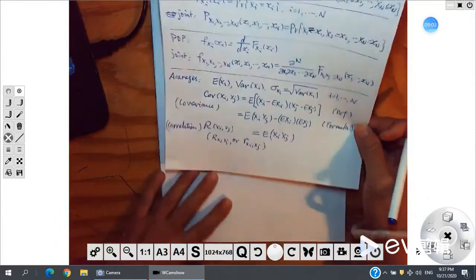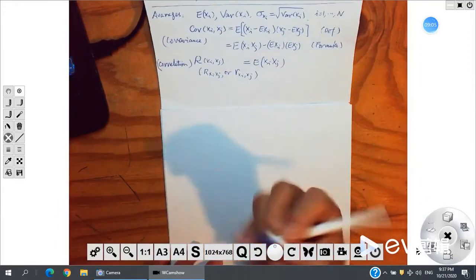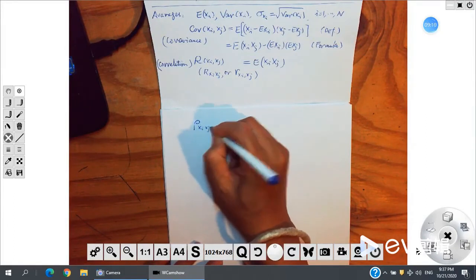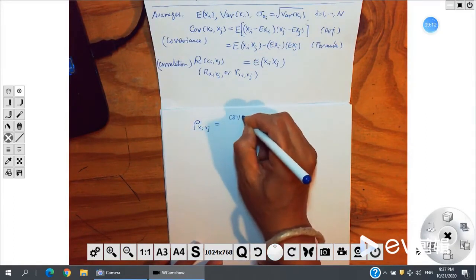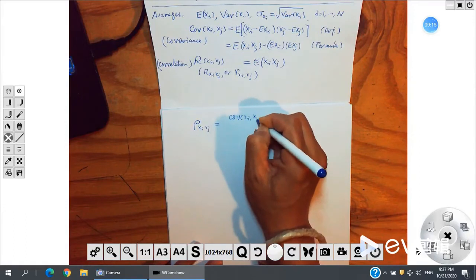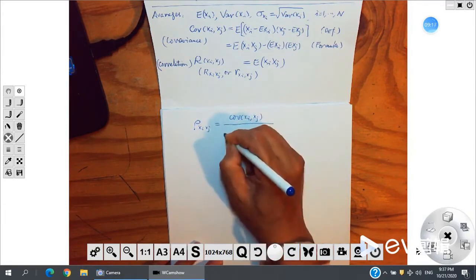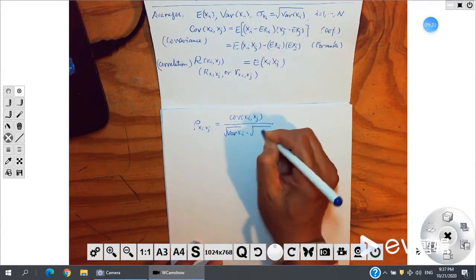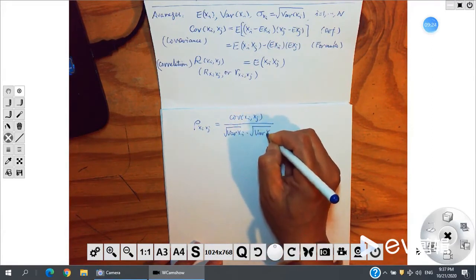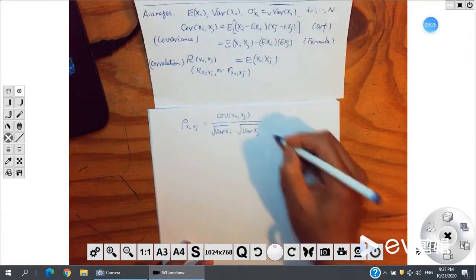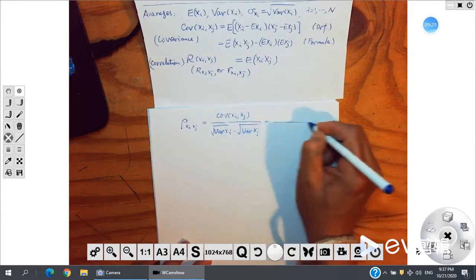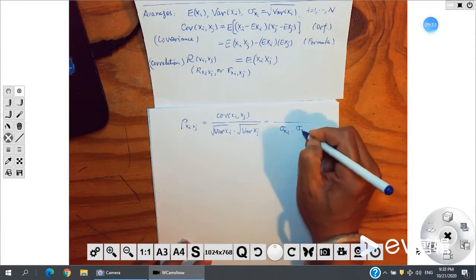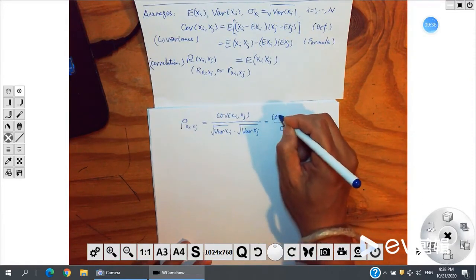And we have another one, which is rho_xixj, which is the covariance of Xi and Xj over the square root of the variance of Xi and the square root of the variance of Xj. The square root of the variance is just the standard deviation, so the denominator is sigma xi times sigma xj, and the numerator is the same thing.